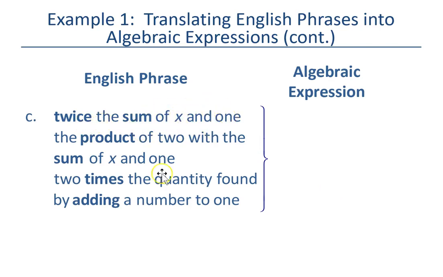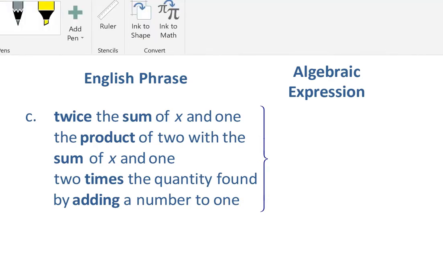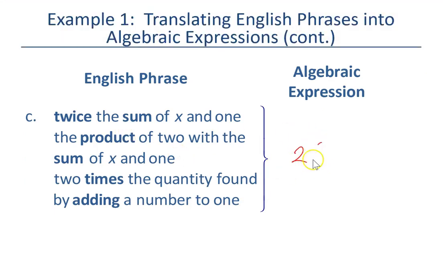Of x and 1. How about the product of 2 with the sum of x and 1? Or 2 times the quantity found by adding the number. Any one of those, but if we write that out, twice is always 2. Twice what? The sum of x plus 1.